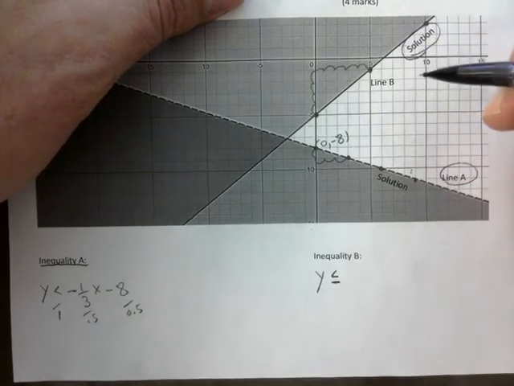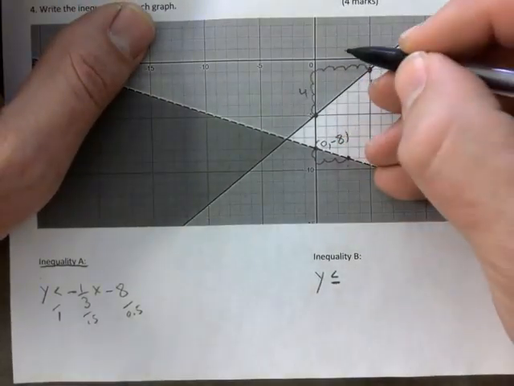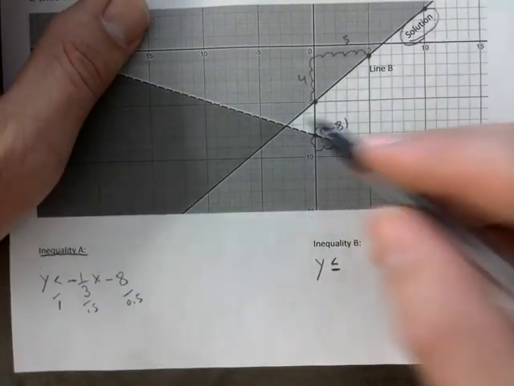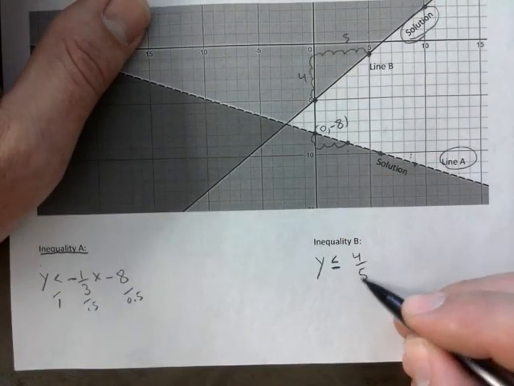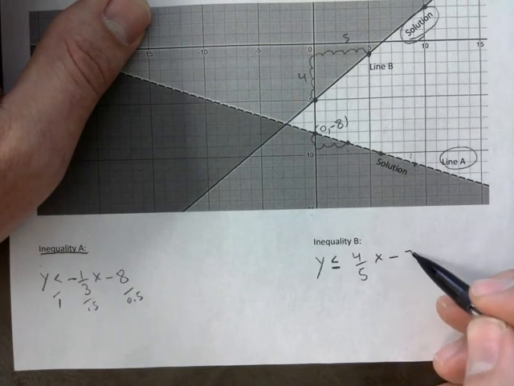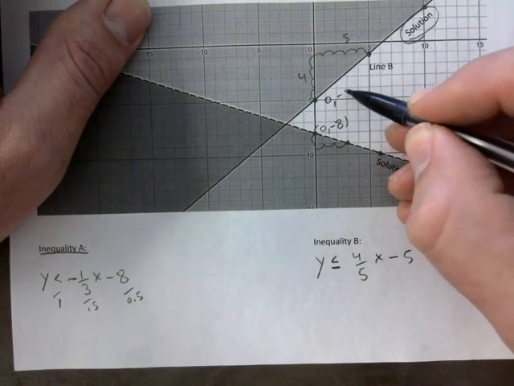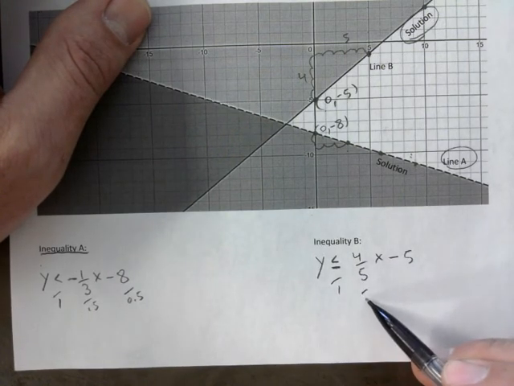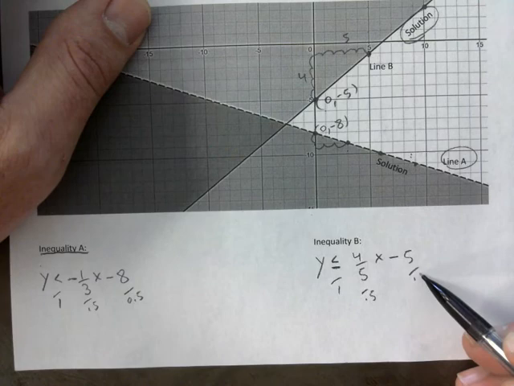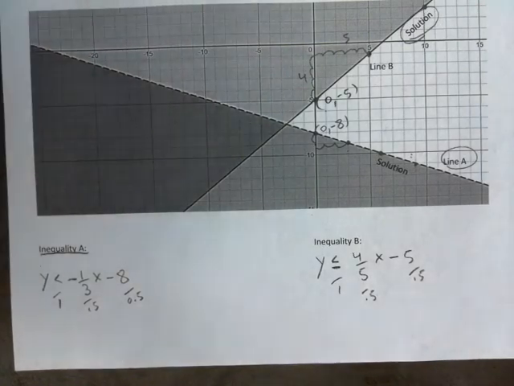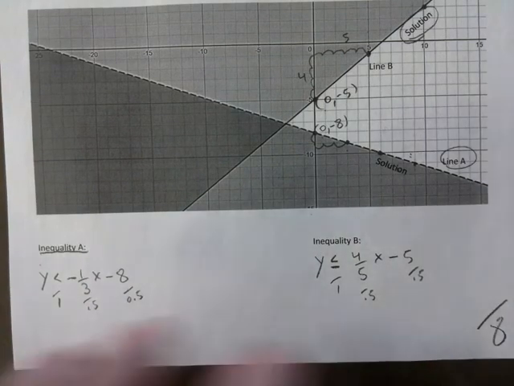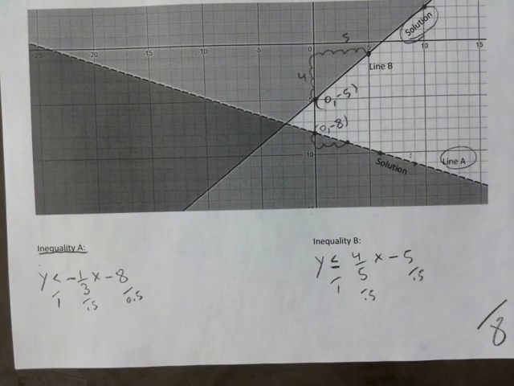Yes, I can repeat a 4 rise and a 5 run, even if you were to go backwards and do that. And it's going up, so it's a positive slope, so 4 over 5x minus 5, because this intercept is 0, negative 5. So you get 1 mark for the inequality, half a mark for the slope, half a mark for the correct intercept. So this backside is worth 8. 8 and 9, 17, right?